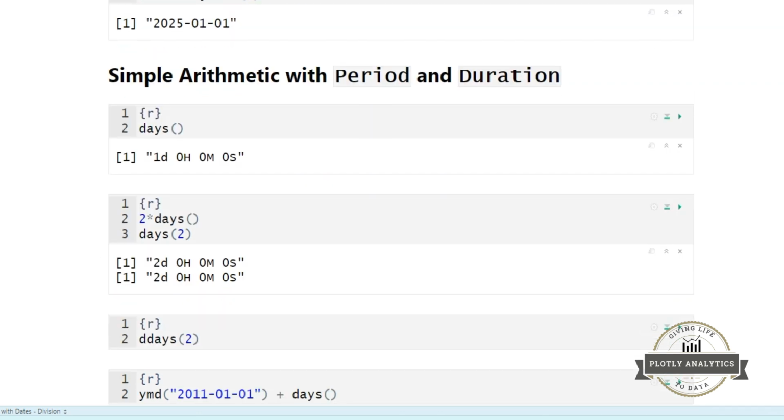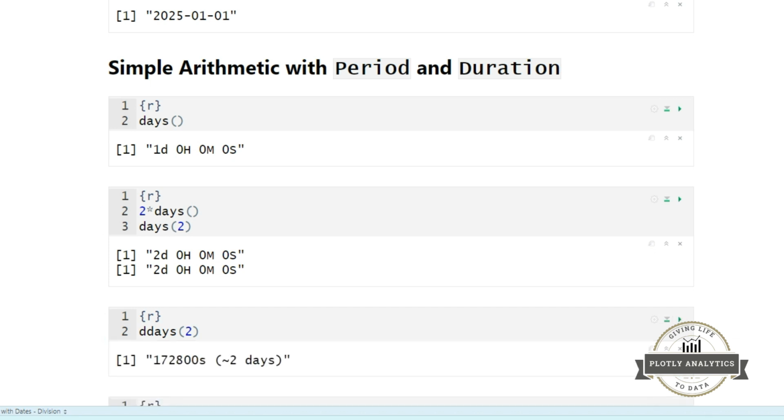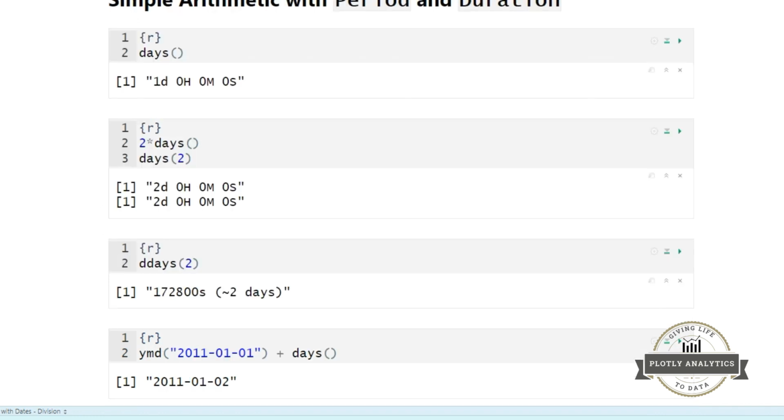Now, if I use the duration function prefixed with d, days 2 for example, it has given me the number of seconds as the output. So 1 day constitutes 86,400 seconds. 2 days constitutes this many seconds that you see on the screen. So remember, duration, because it adds fixed number of units, simply calculates the time by adding those many seconds to the current date. So you can also add the period, you can also subtract the period as well as the duration.